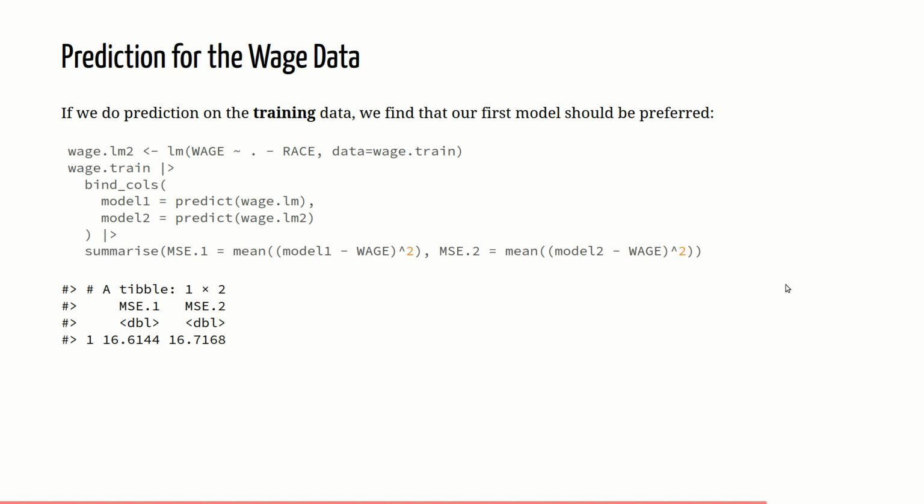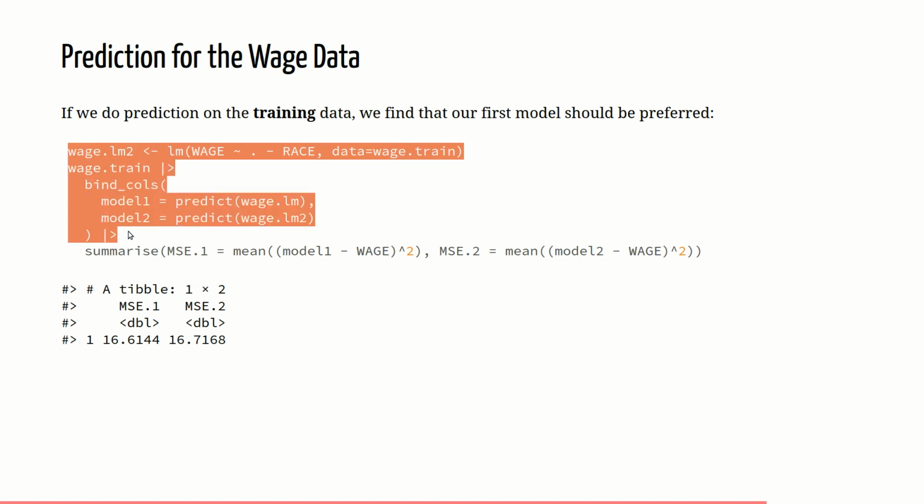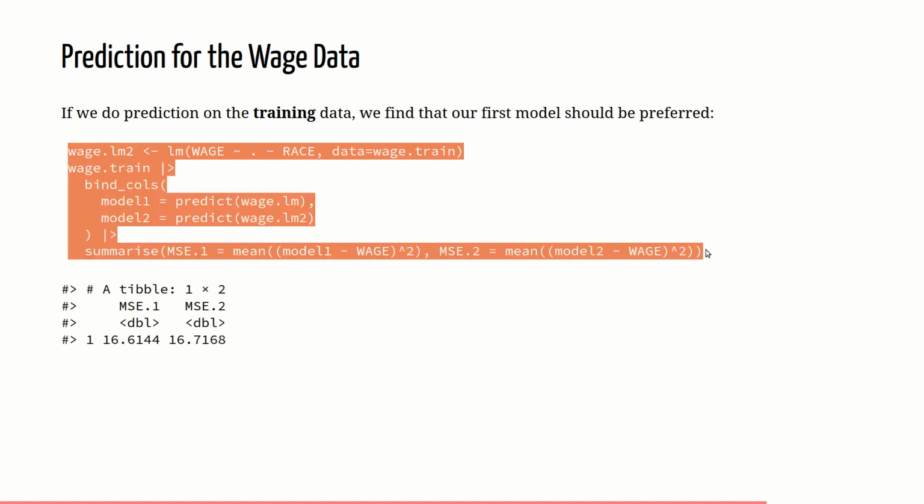So we could fit a new model, lm2, which is wage in terms of everything minus race. This is one way of saying I want to include everything except a variable. Then we could do prediction with wage.lm2, which is our model without race, and wage.lm1, which is our model with race, on the training data, and compute the mean square error.